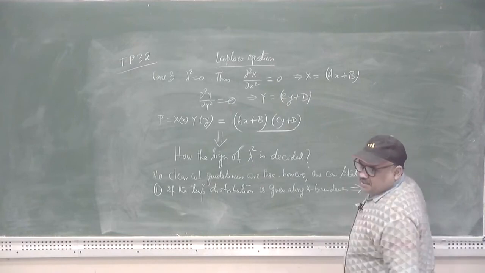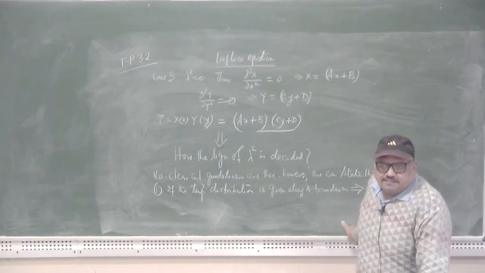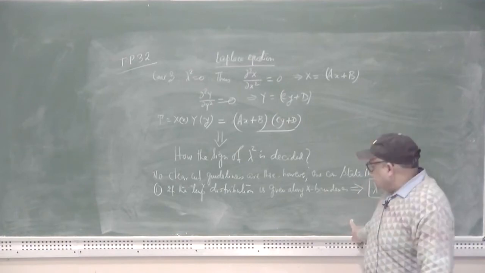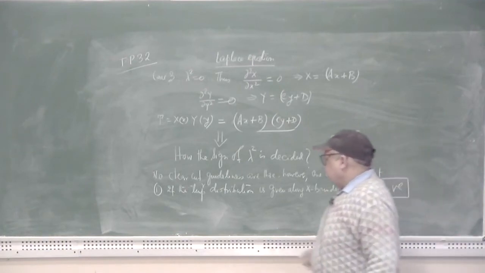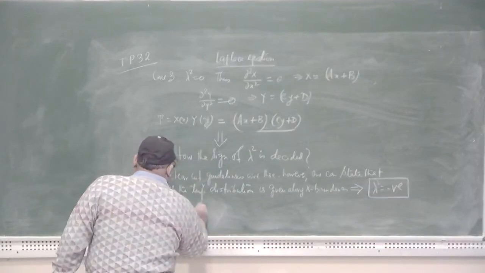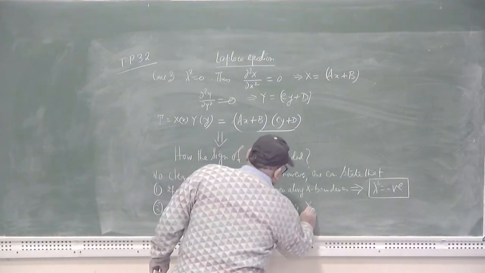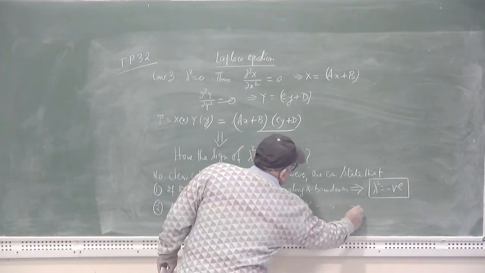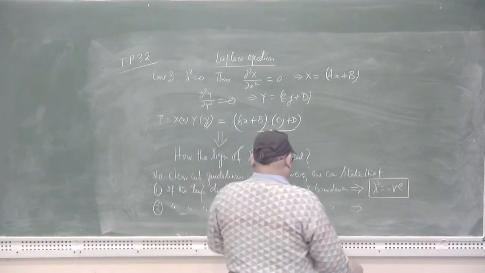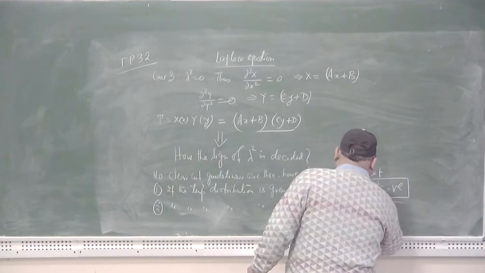If the temperature distribution is given along the x boundary, then the value of lambda square should be kept as negative. And on the contrary, if the temperature distribution is given along y boundaries, then lambda square should be taken as positive.